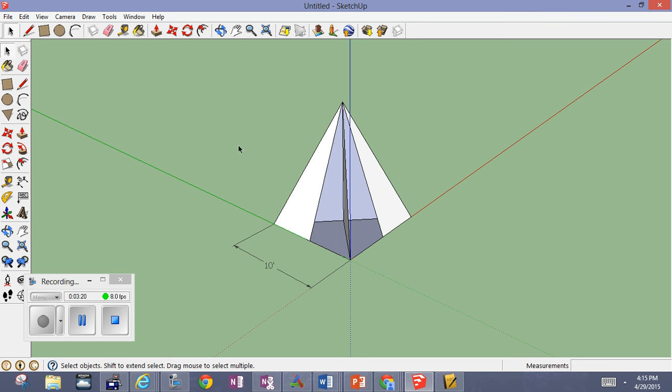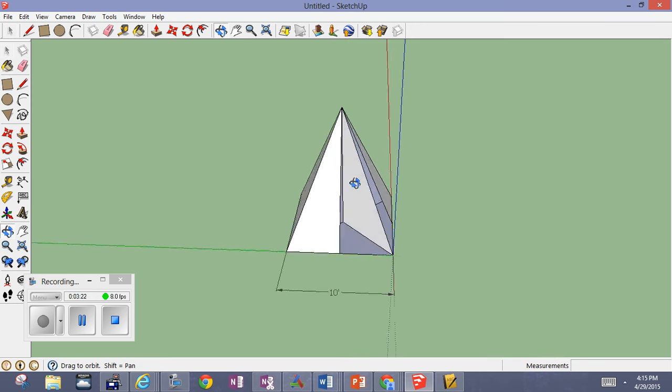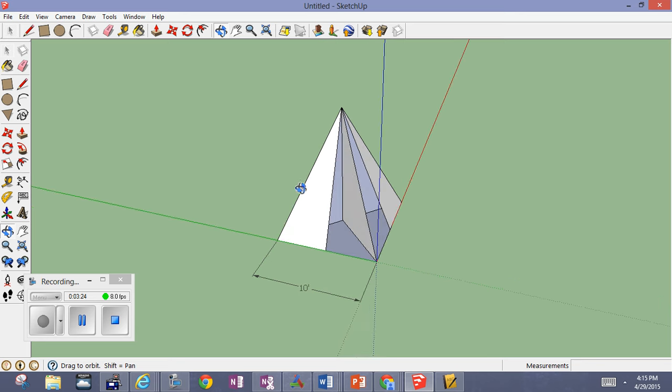I'm going to pivot this thing around so I can show you this inside triangle. I'll use the pencil tool again, come into the midpoint here, and then come from here on out, so I can show you this cutaway of this triangle.